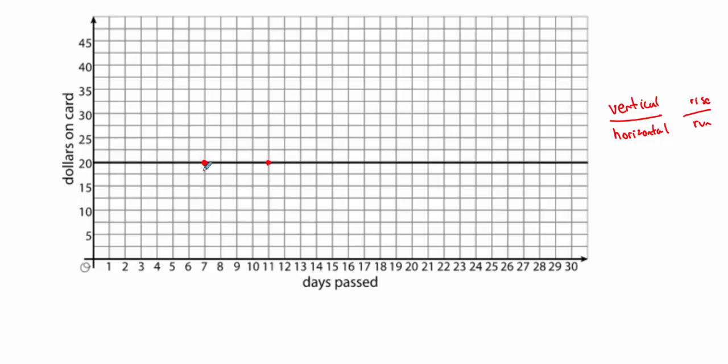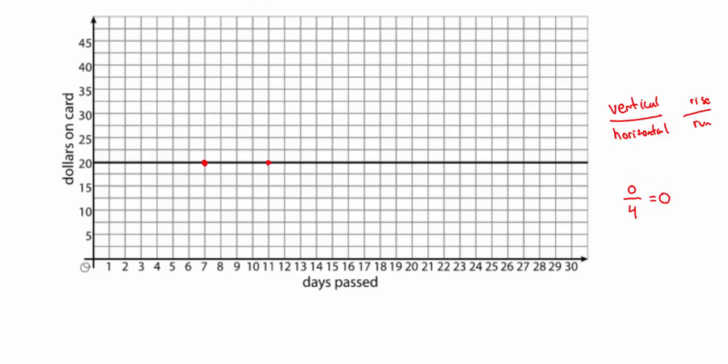I don't go up, I don't go down, I just stay right there. Vertical change, it doesn't change actually. It stays at 0. So I could take vertical change of 0, and my horizontal change would be 1, 2, 3, 4. Vertical change over horizontal change, 0 divided by 4 is equal to 0.